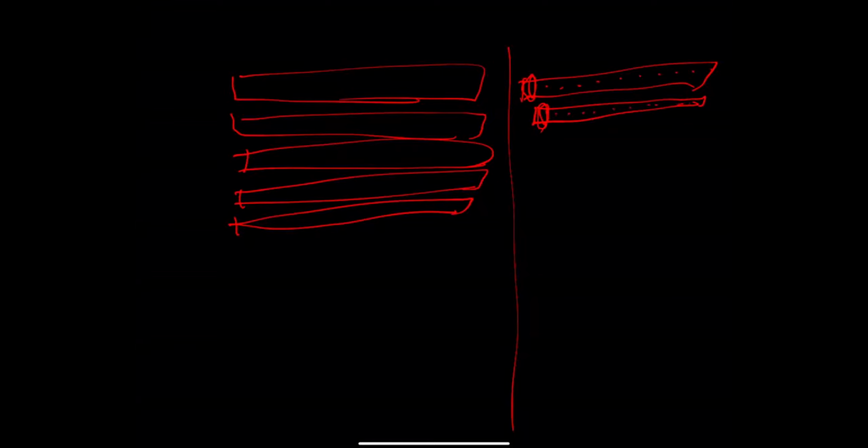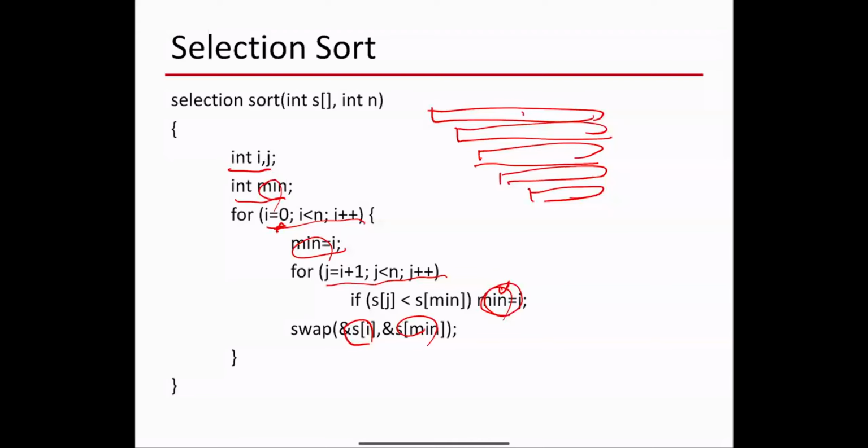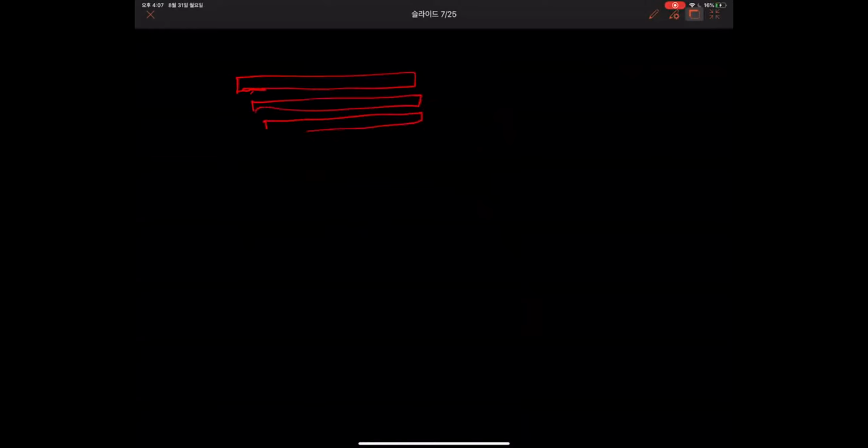Then always the smallest one comes. So the smallest one always comes in leftmost, then the second smallest, then the third smallest.